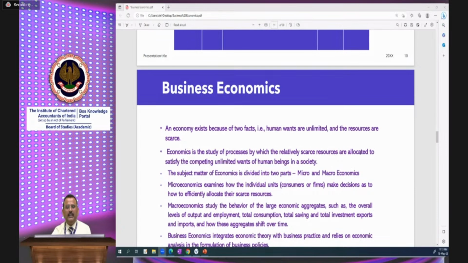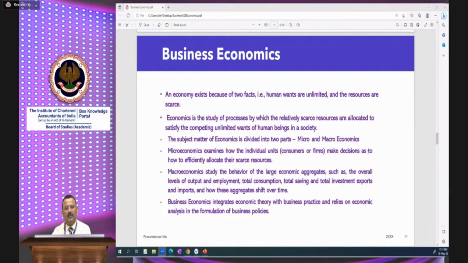Now, I'll give you a brief summary of the units covered in your module or syllabus. First thing is, what is business economics, or what is economics all about? There are two important facts: human wants are unlimited and resources are scarce.